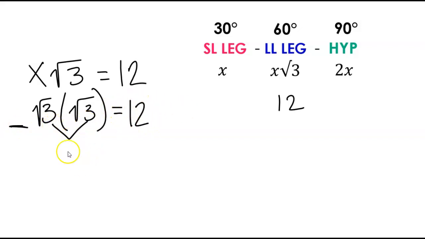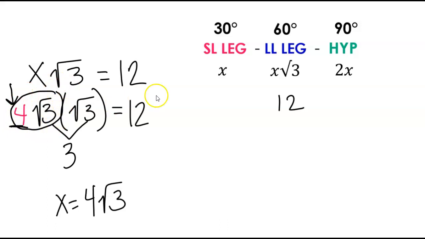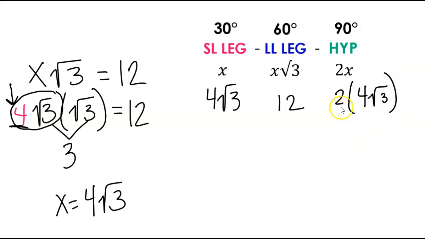Square root of 3 times square root of 3 becomes just a regular old 3. So what number times 3 would equal 12? Well, we know our multiplication. It'd be a 4. So what that tells us is x is equal to 4 square root of 3. So the short leg would be 4 square root of 3. The hypotenuse would be 2 times 4 square root of 3. So the 2 just multiplies with the 4, making it 8 square root of 3.